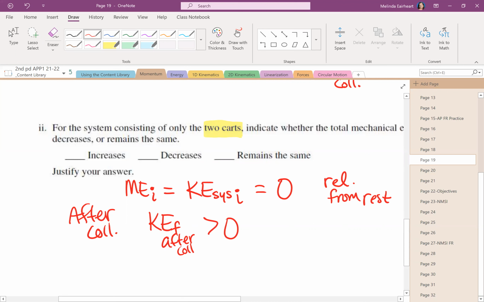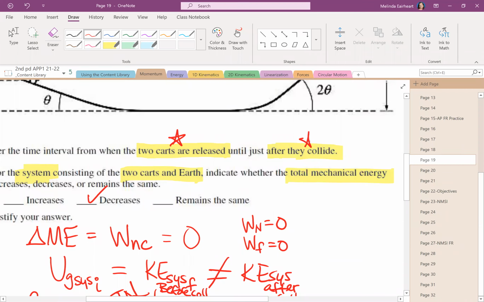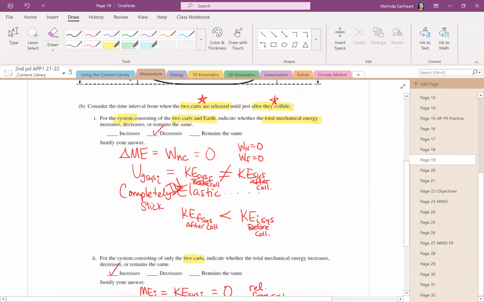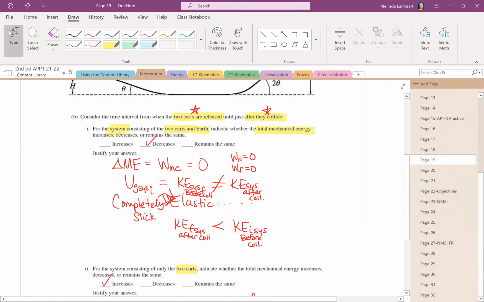And so what are we going to check? It's going to increase. It goes from nothing to something. Yes, it decreases during the collision, but they started at the very, very top. Remember I said at the very beginning, notice that they started at the top of the ramp and we end after they collide. Okay. There wasn't really momentum on that one, but could they ask if momentum increases, decreases, or stays the same?